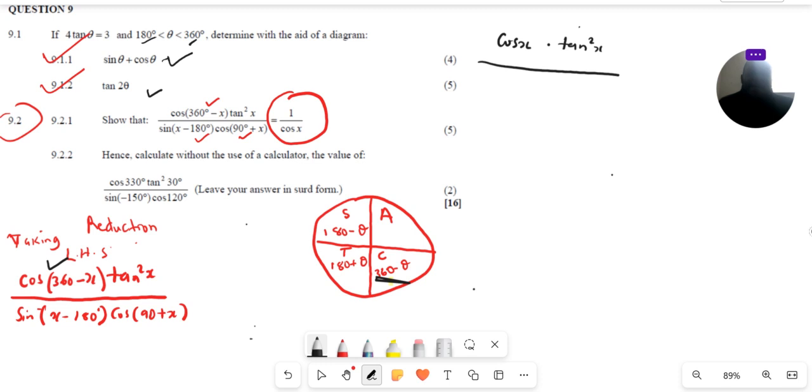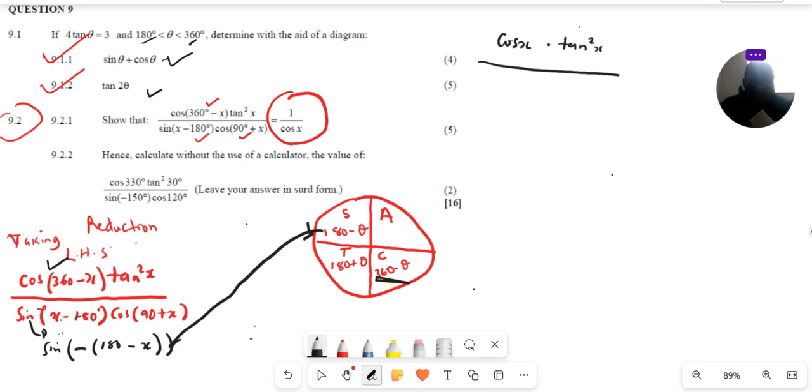Then divided by, when you look at this, the first thing you have to know is this part here. Just say it is sine of negative into 180 minus x. Why am I doing that? So that it can give you a clear indication of a sign.